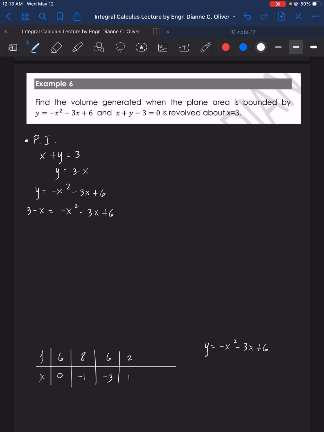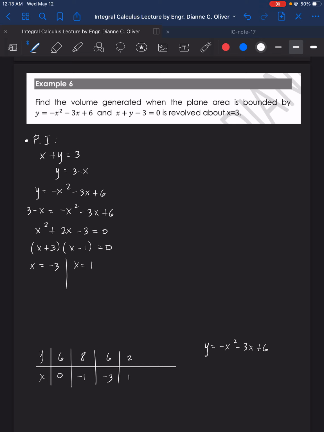Therefore, we now have x squared plus 2x minus 3 equals 0. So we have x plus 3, x minus 1 is equal to 0. Therefore, x is equal to negative 3 and x is equal to 1.